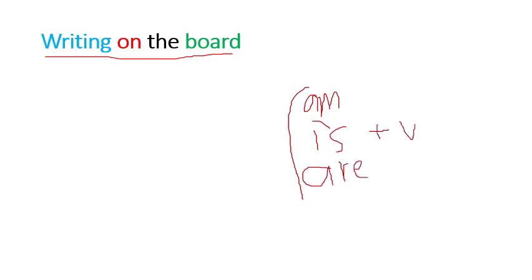So now, about writing on the board. What I really noticed is that some of you write, for example, the rule like am or is or are, plus verb plus so and so, again plus ing, for example.